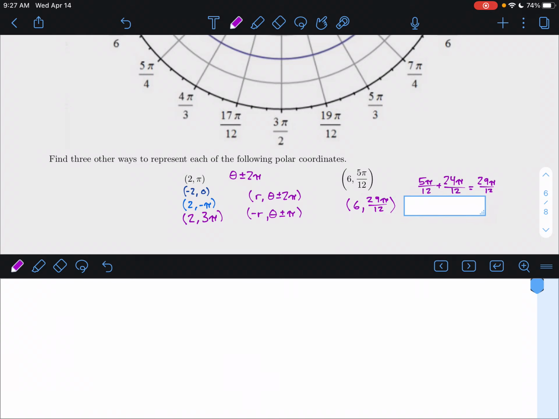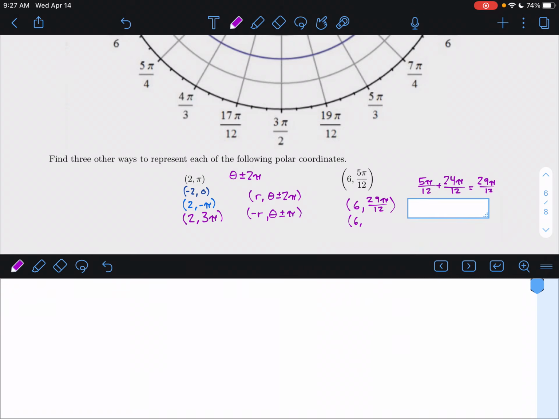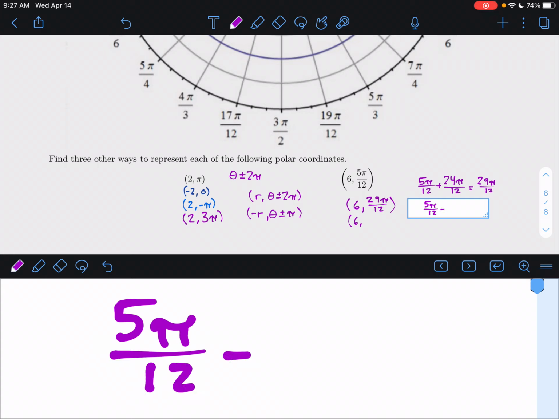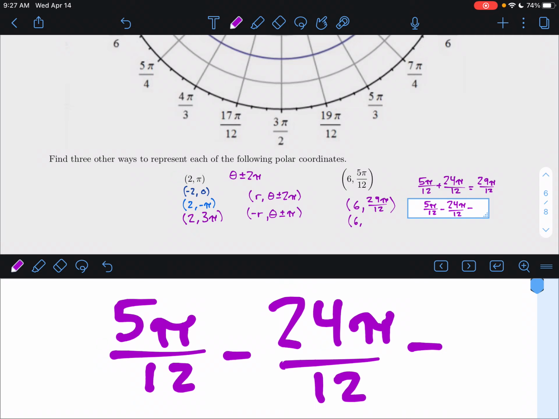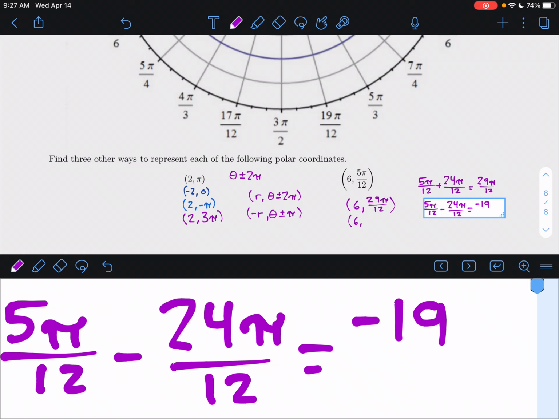I could also just keep the r and then subtract 2 pi. So I have 5 pi over 12 minus 24 pi over 12. 5 minus 24 is negative 19.